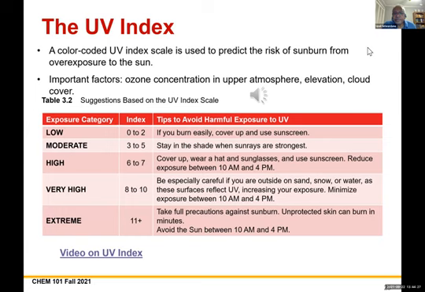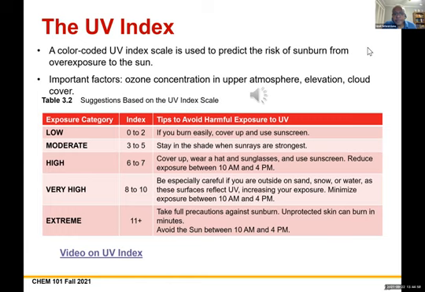Sun rays are strongest between 10 a.m. and 4 p.m. High, 6 to 7: cover up, wear a hat, sunglasses, use sunscreen, reduce exposure between 10 a.m. and 4 p.m. At very high UV radiation levels, 8 to 10, be especially careful if you are outside on sand, snow, water.